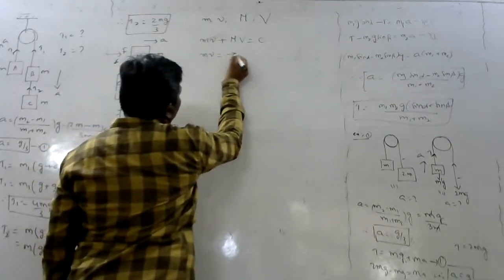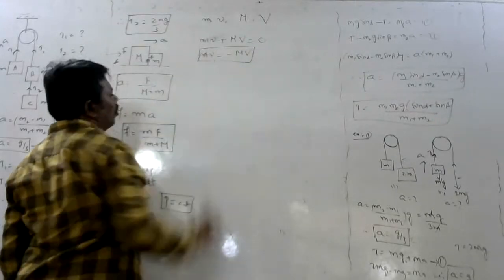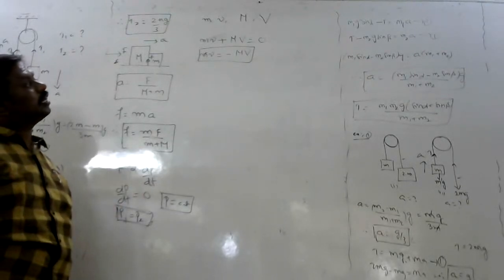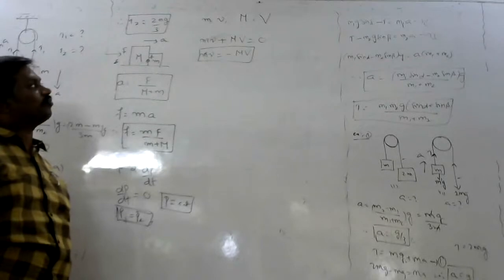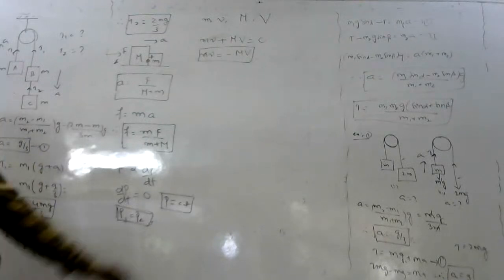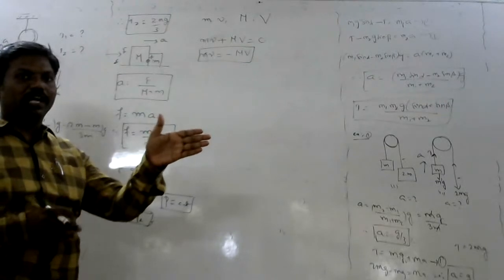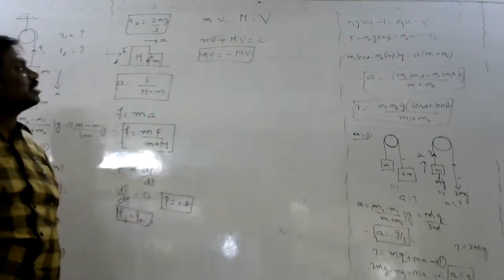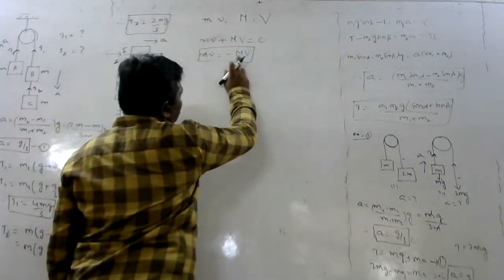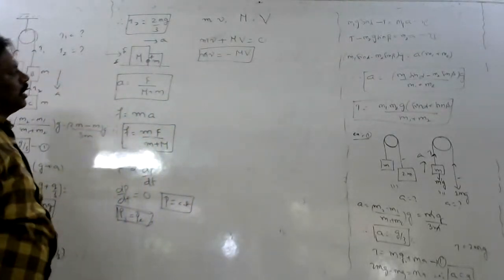So small mv is equal to minus capital M into capital V. Here small m is the mass of the bullet, v is the velocity of the bullet, capital M is the mass of the gun, and capital V is the velocity of the gun. The negative sign indicates that if the bullet moves forward, then the gun recoils back. So this is gun and bullet.